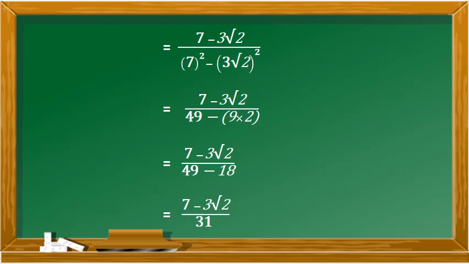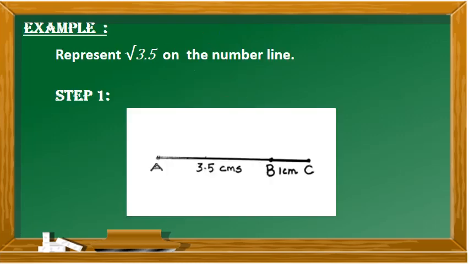So in the next step you have 7 minus 3 root 2 by (49 minus 18). So 7 minus 3 root 2 by 31 it has become. What do you see here? The question is rationalize the denominator. Have you got the denominator as a rational number now? Yes.